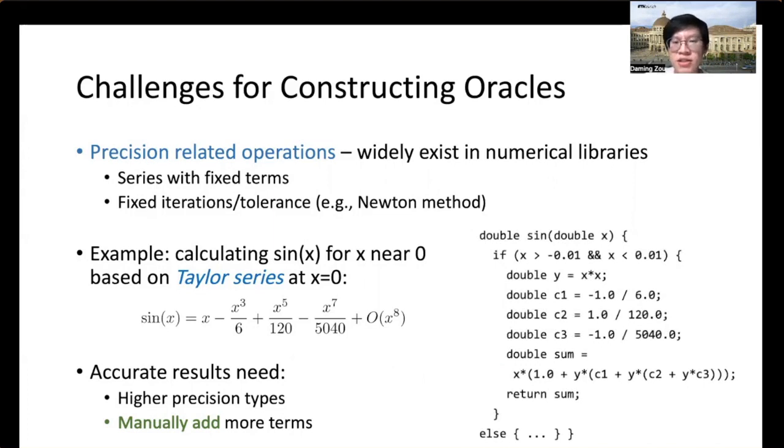We notice that the program only calculates the first 4 terms of this series because x is quite small. So the error term O(x^8) can be neglected for double precision program. However, for this kind of program, using higher precision types cannot make the result more accurate, since we need to manually add more terms of the series.